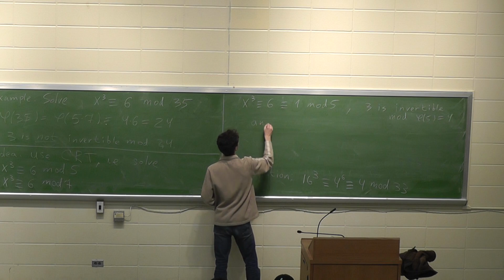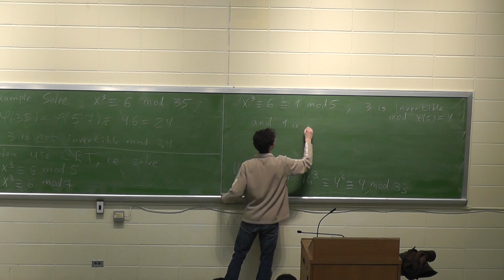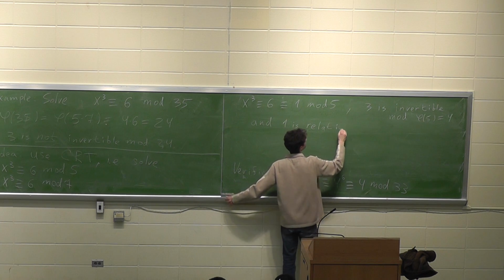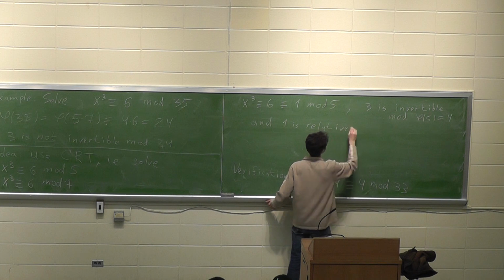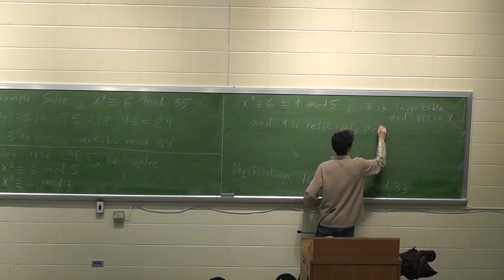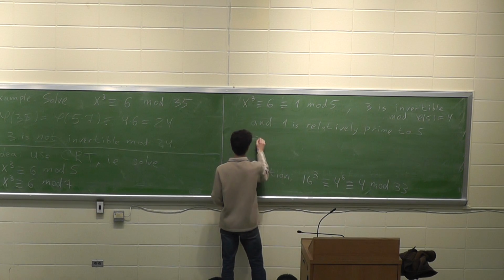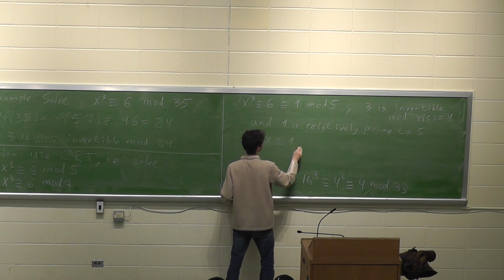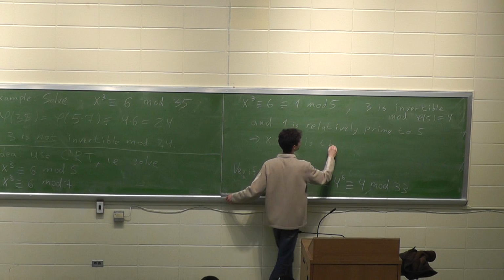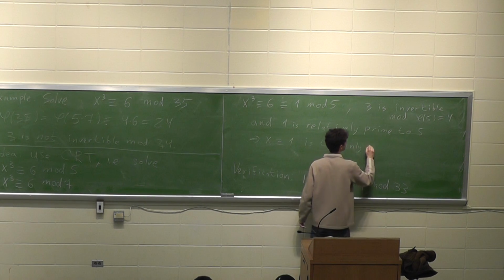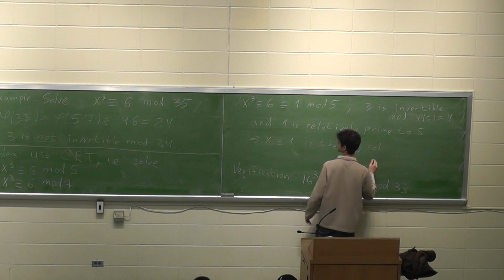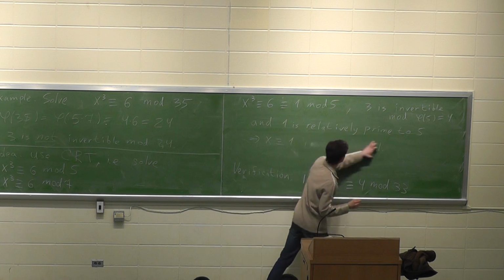So b is relatively prime to n. Hence, x congruent to 1 is the only solution. x congruent to 1 modulo 5.